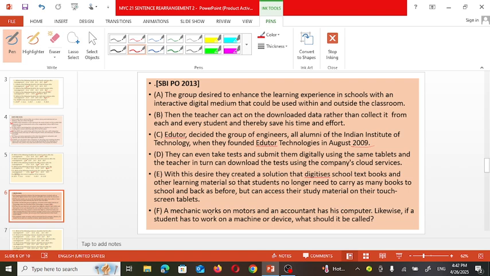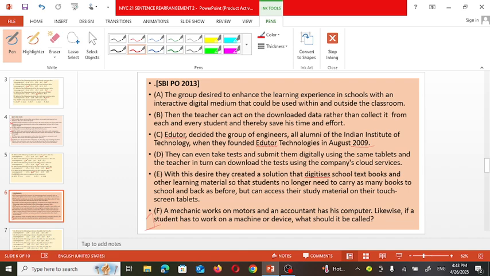A mechanic works on motors and an accountant has his computer. Likewise, if a student has to work on a machine or device, what should it be called? So yes, this will be our first statement.